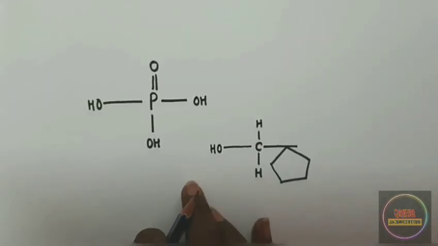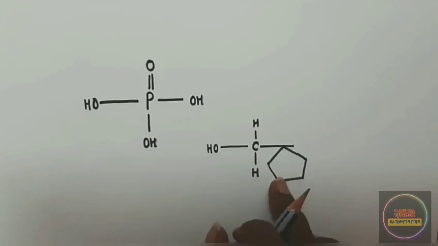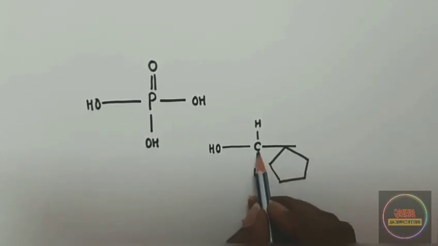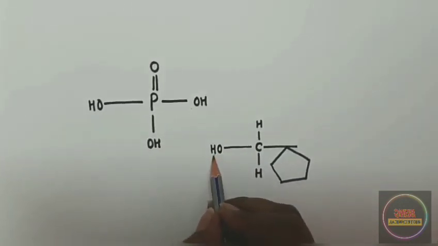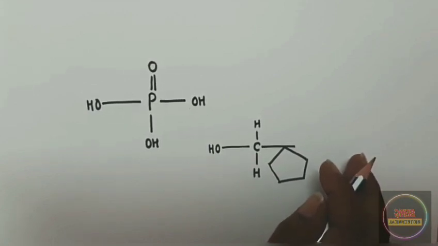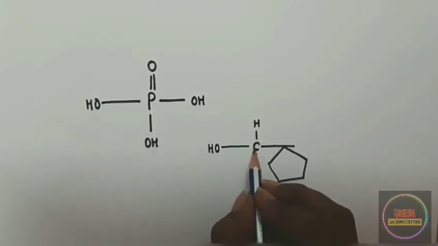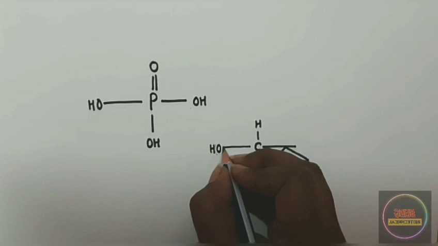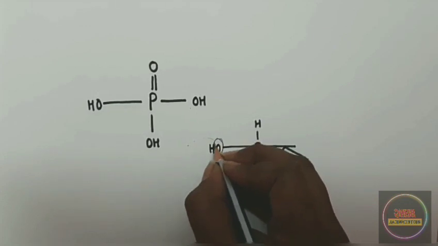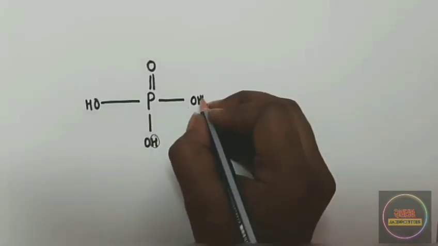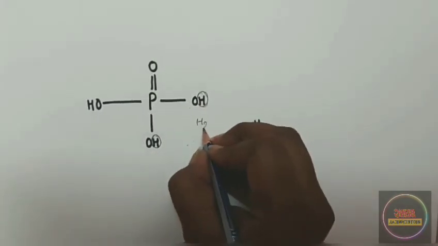During this process, when the phosphate comes in close proximity to the 5' carbon of the pentose sugar, these OH groups react and one water molecule is released. So now look at this structure. When this phosphate comes in close proximity to the pentose sugar, then 2 OH of this phosphate group and 1 OH of this pentose sugar will react and one water molecule will be released.